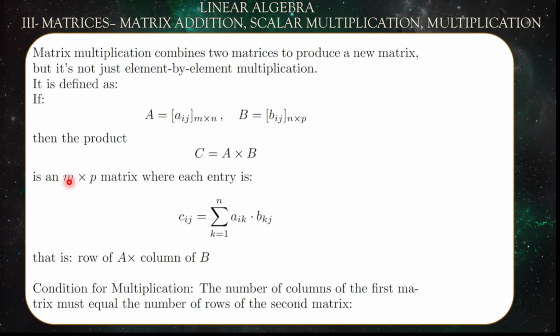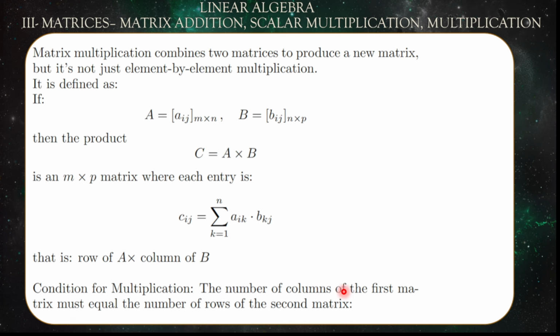Okay, so M rows, the same number of rows as A, and P columns, the same number of columns as B. Where each entry Cij is equal to sigma k equal 1 to n of aik times bkj. Okay, that is row of A times column of B.